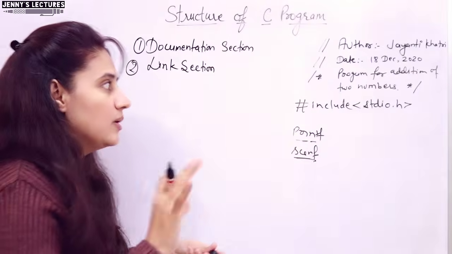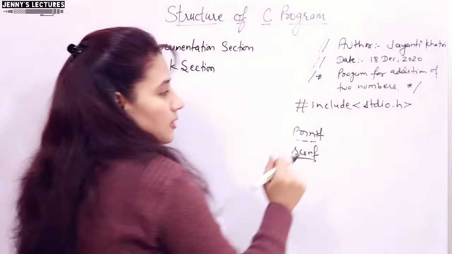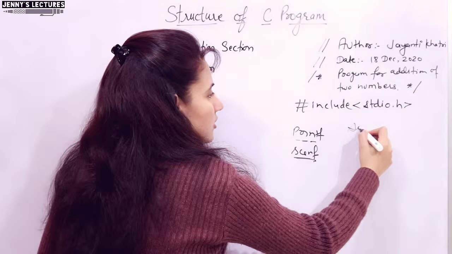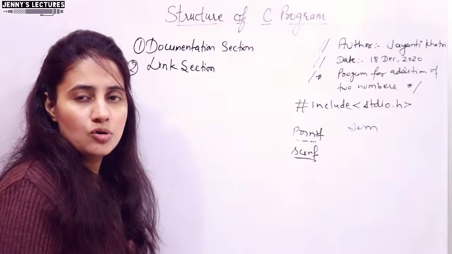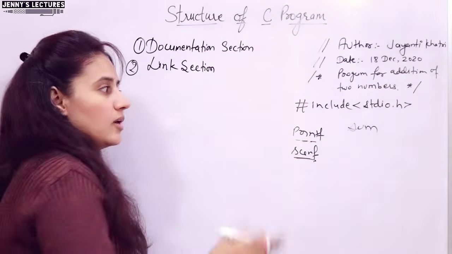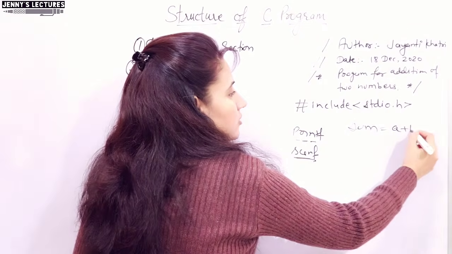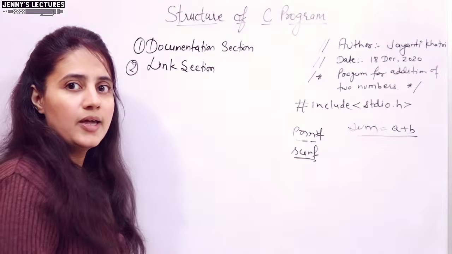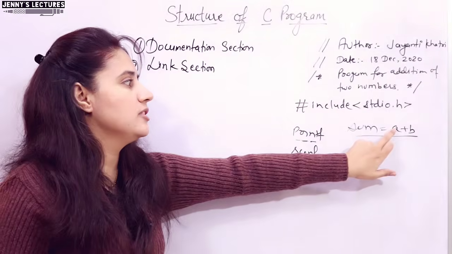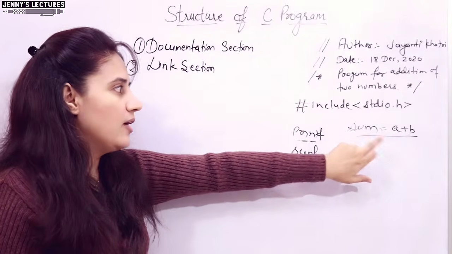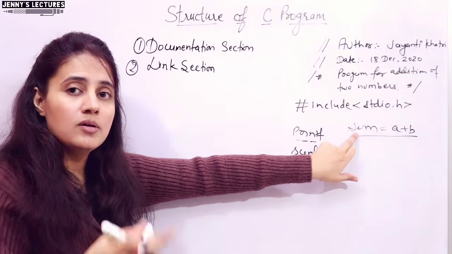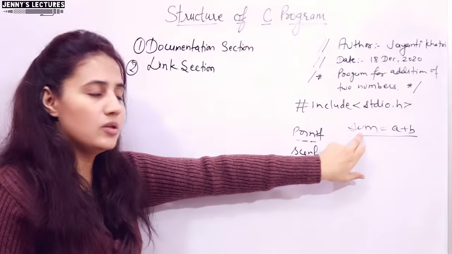Same as, suppose you want to add two numbers, then if you simply write sum, the compiler is not able to understand what sum is. But if you write down the logic, the code, sum is equal to a plus b, then the compiler will add the two variables a and b, and store that number in some variable.